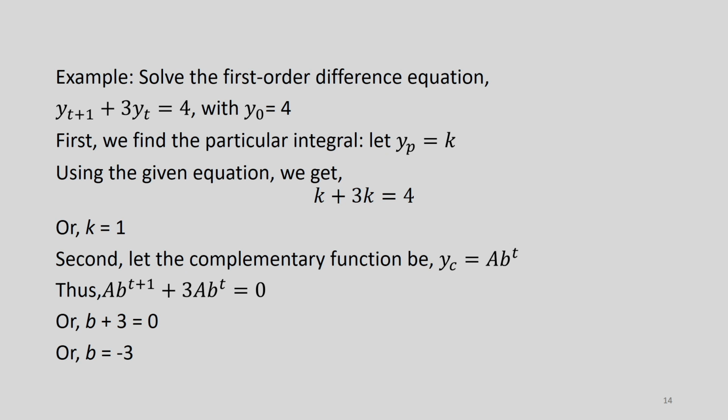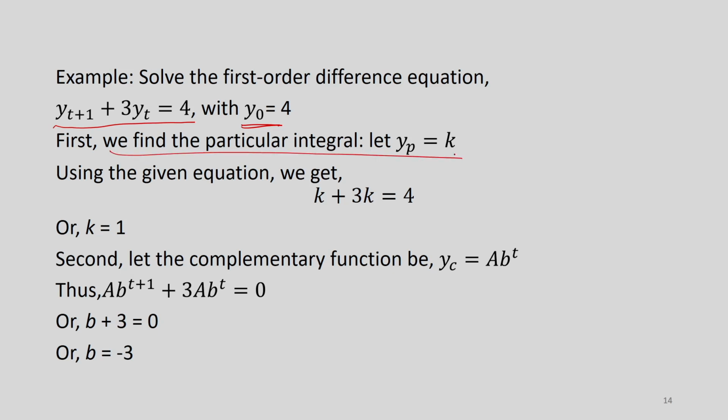Here we are having an example. Solve the first order difference equation yt plus 1 plus 3 yt is equal to 4. The initial condition is given that y0 is equal to 4. First, let us try to find out the particular integral.